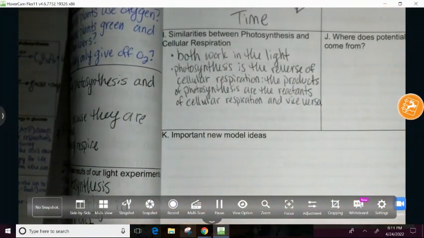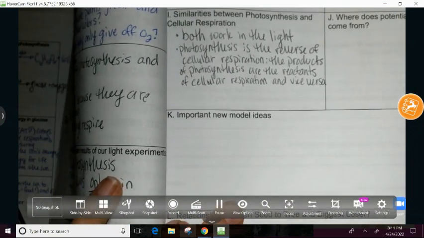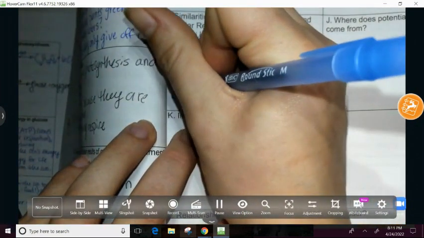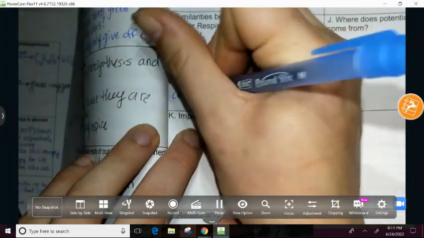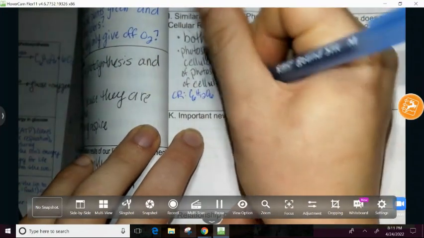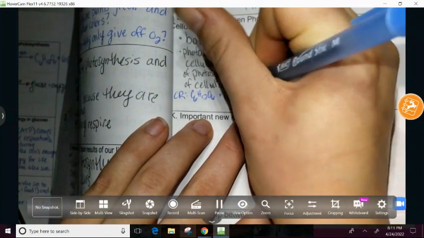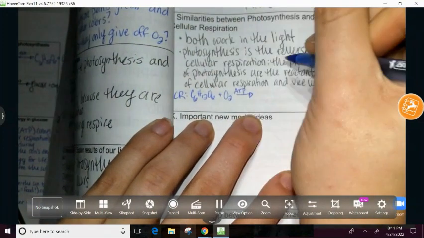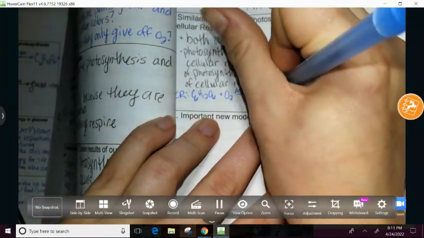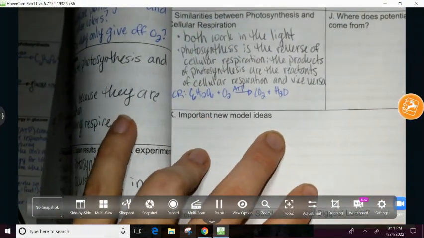So I want to write those out for you so that you can see the difference. We're going to write out cellular respiration has the C6H12O6, or glucose. We breathe in oxygen. We create ATP, carbon dioxide, and water.